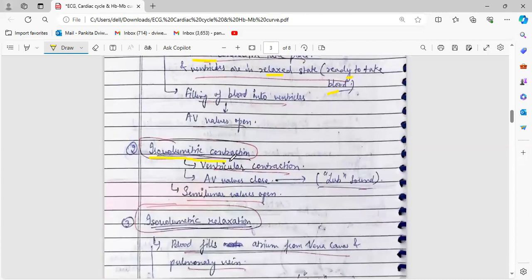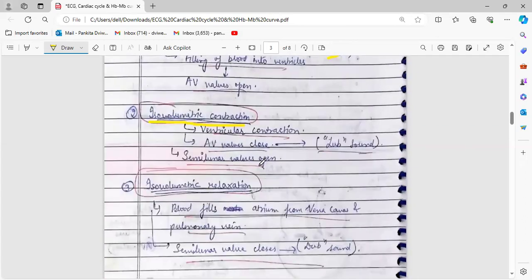The second phase of the cardiac cycle is the isovolumetric contraction. In this case, the ventricles contract and the atrioventricular valves are closed, but the semilunar valves are open. So the lub sound comes from the closing of the AV valves.